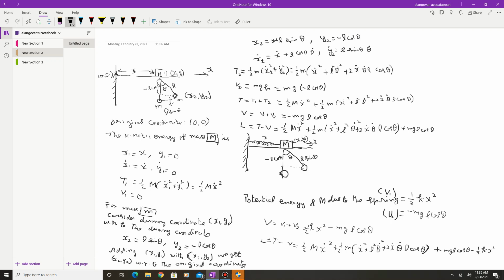Now let us fix the coordinate of this mass as x2, y2.